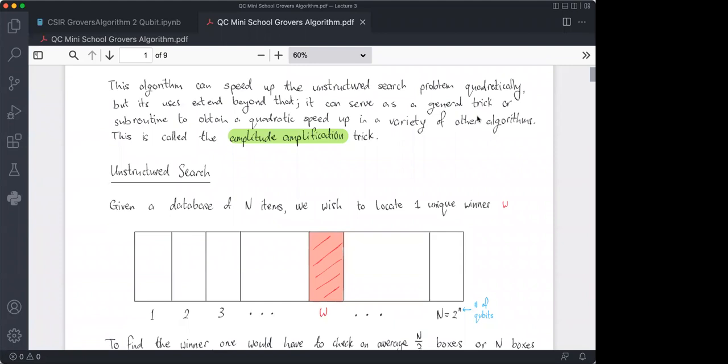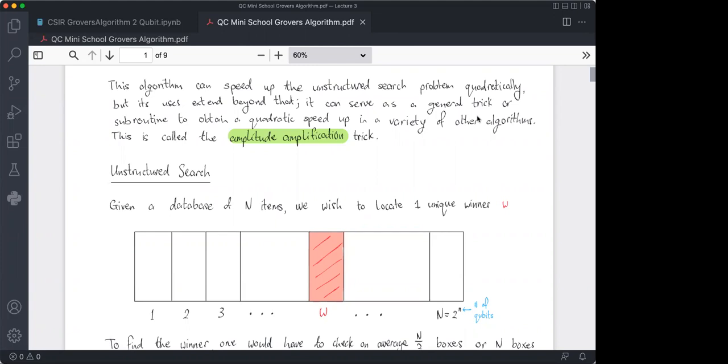What's really interesting about Grover's algorithm is that in giving us the quadratic speed up, it uses something called the amplitude amplification trick, which has become a lot more useful in other quantum algorithms. It's been shown to give us quadratic speedups in other algorithms.